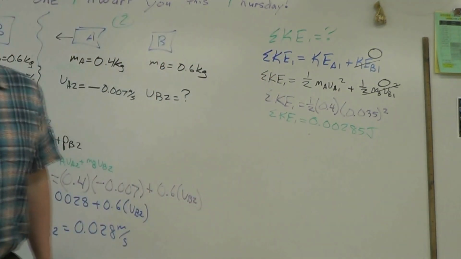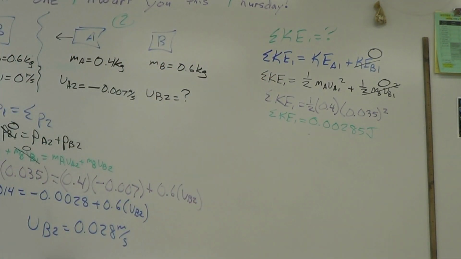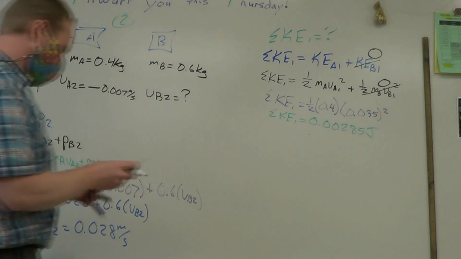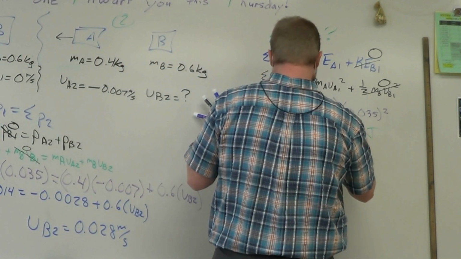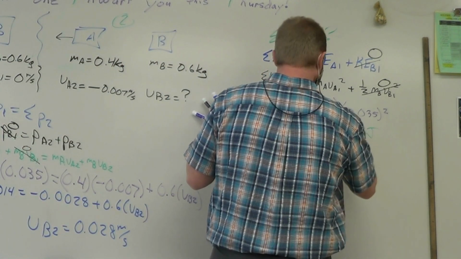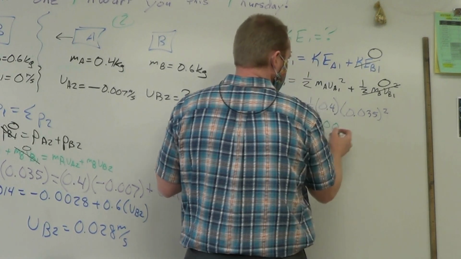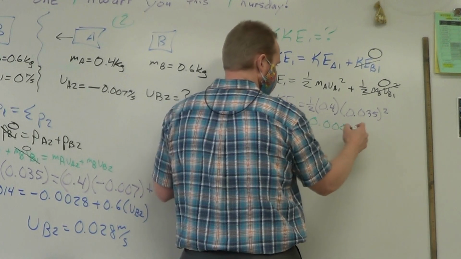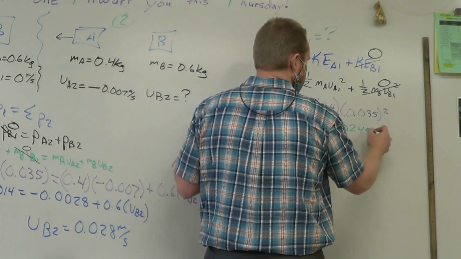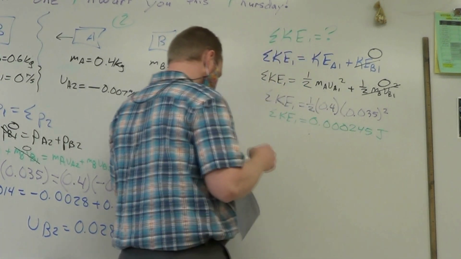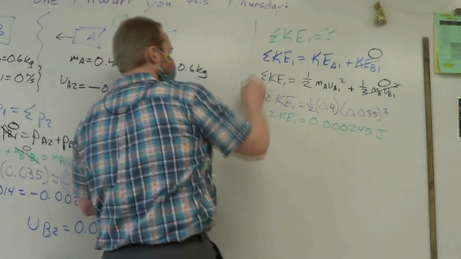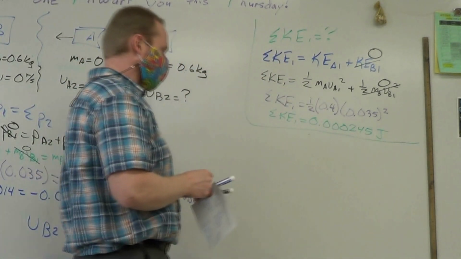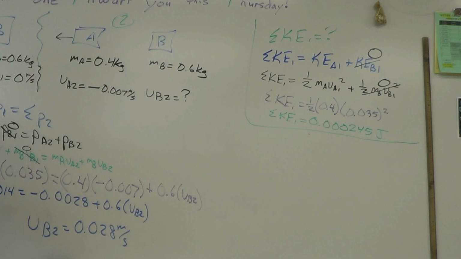Let me double check that number quick. Nope, 4.5. Oh, and not enough zeros. Okay, so it's 0.0000245 joules. This is the sum of our kinetic energy at location number 1.